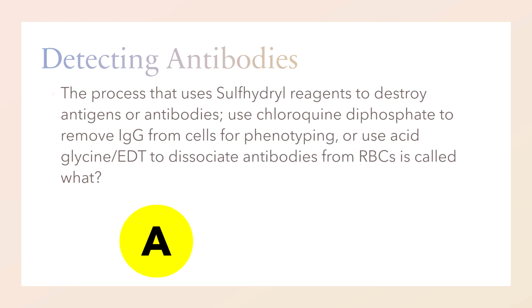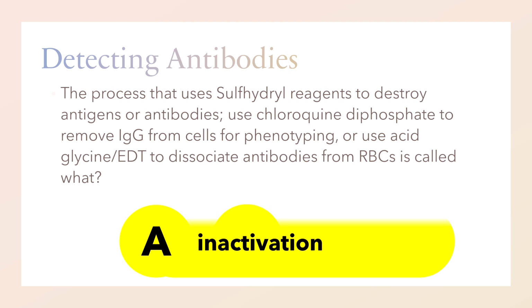The process uses sulfhydryl reagents to destroy antigens or antibodies, uses chloroquine diphosphate to remove IgG from cells for phenotyping, or uses acid glycine EDTA to dissociate antibodies from red cells is called what? Inactivation.